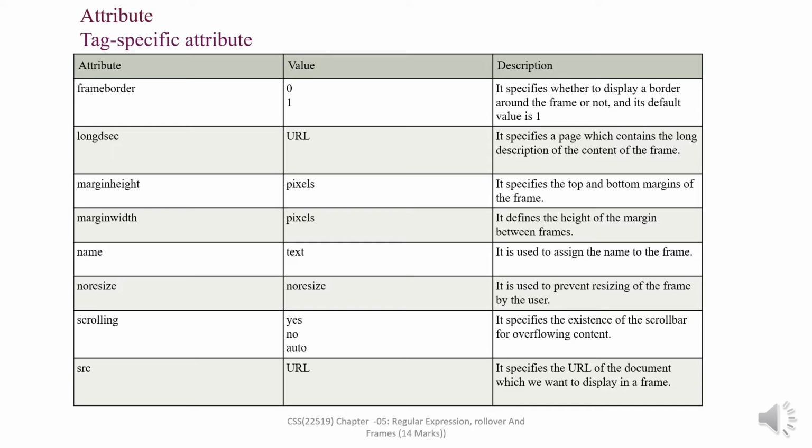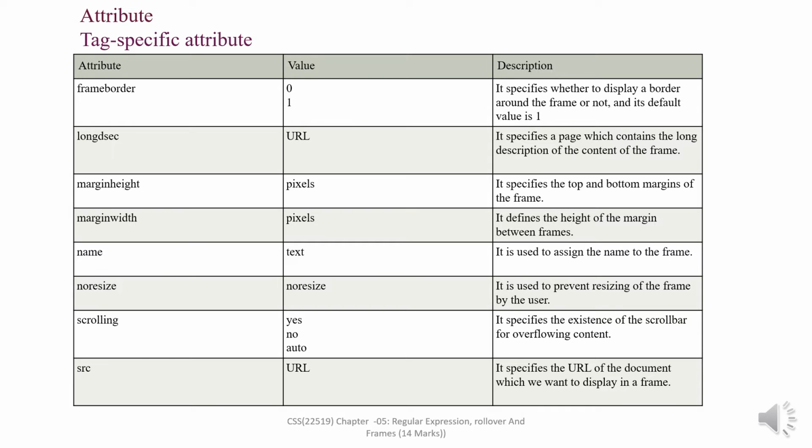Marginwidth, in pixels, defines the width of the margin between the frames. Name attribute, the value is text, is used to assign the name of the frame. Noresize attribute, the value is noresize, is used to prevent resizing of the frame by the user.